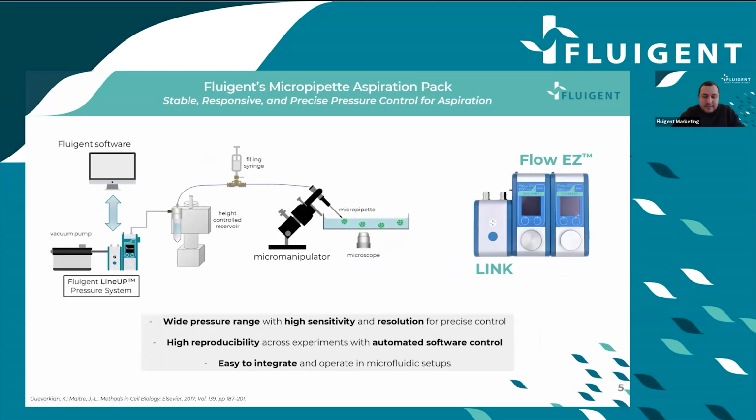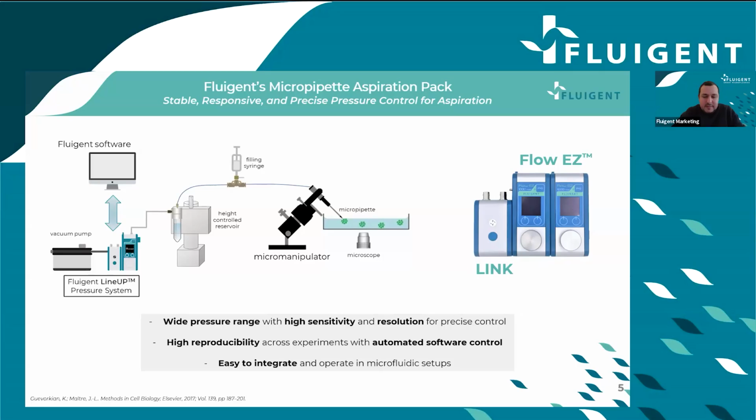To achieve this precise control in micropipette aspiration, high-performance pressure systems are essential. That's why the Fluigent pressure controller can offer a high resolution for very small pressure adjustments with excellent stability and repeatability, ensuring reproducible results, and automated software control for complex protocols.